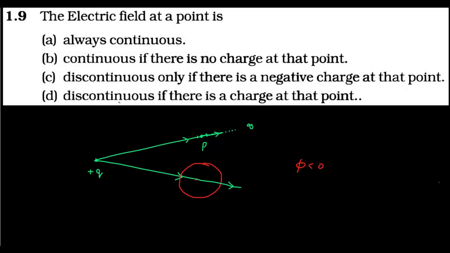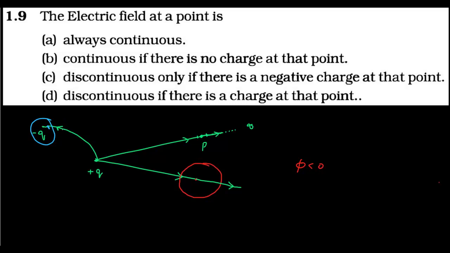Now how does this discontinuity appear? Say we have a negative charge here, and the field line starts from a positive charge and terminates at this negative charge. If I consider a very small Gaussian surface around this charge, the field value just near the charge is very high.